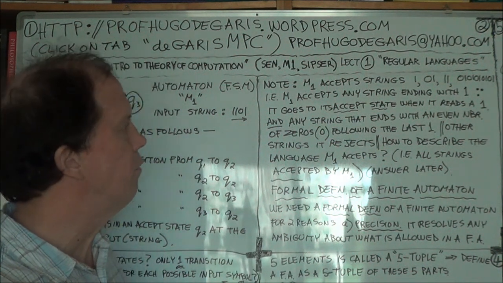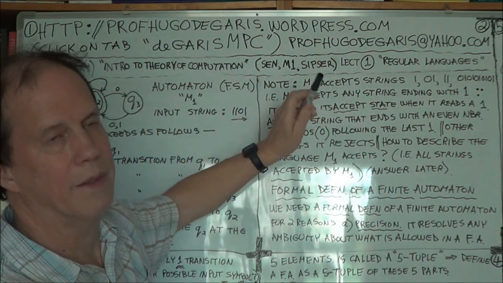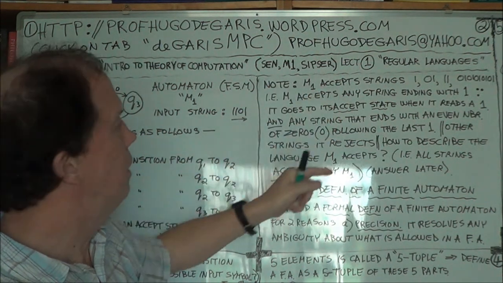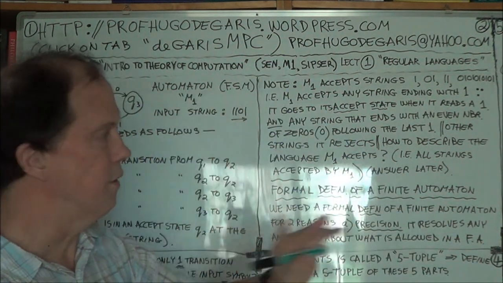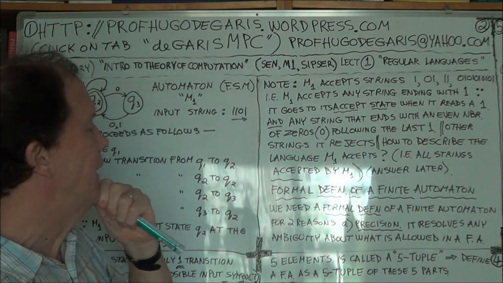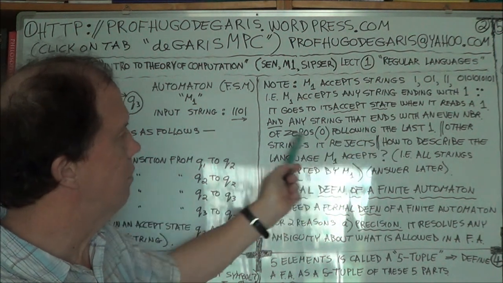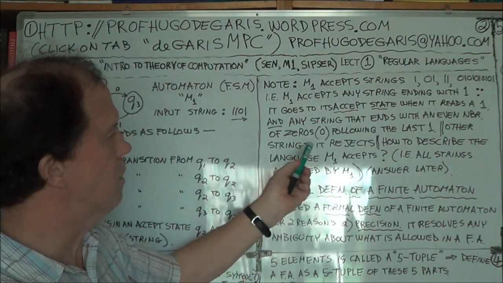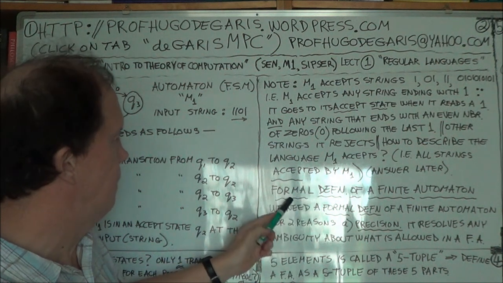Now, we'll come back to this later: the definition of the actual language that this automaton accepts, recognizes. Any string that's not accepted is rejected.